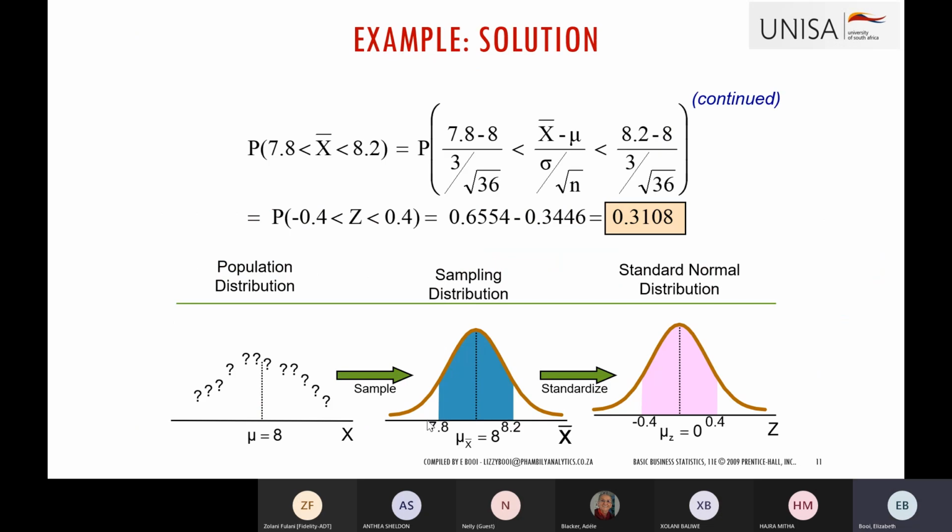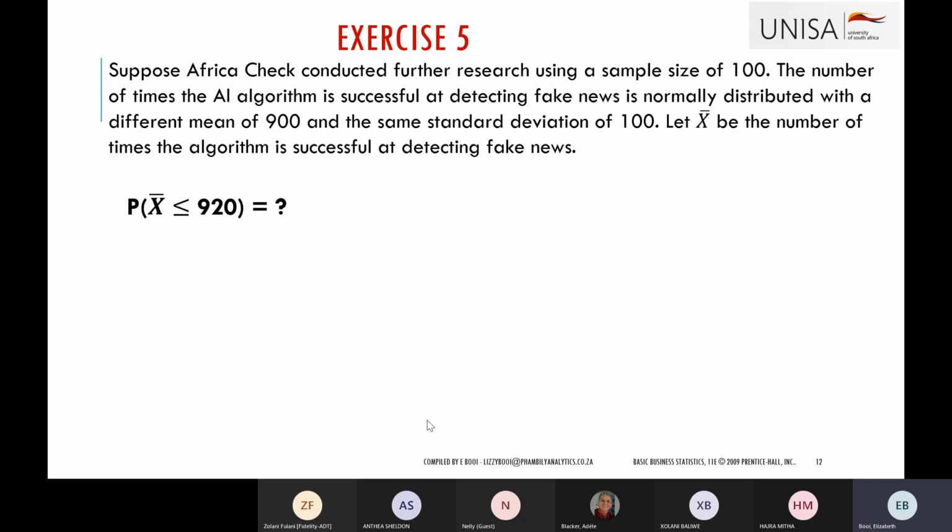that's the same exercise we just did. Here is your exercise. Suppose Africa Check conducted further research using a sample size of 100. The number of times an AI algorithm is successful at detecting fake news is normally distributed with a different mean of 900 and the same standard deviation of 100.